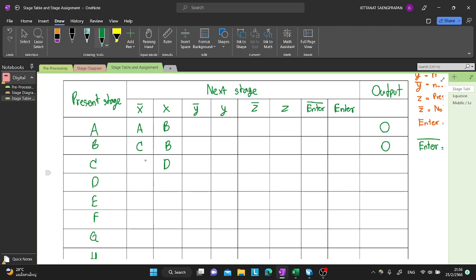But if I press anything else, it goes to A. But I assign that if I don't press anything, it's enter bar, which is still in state C.